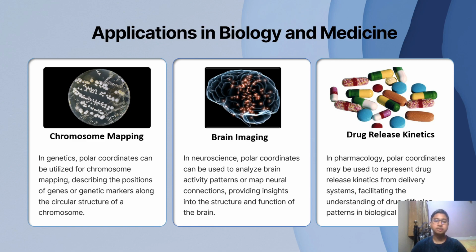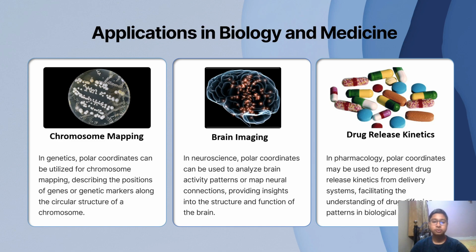In neuroimaging, such as functional magnetic resonance imaging or fMRI, polar coordinates may be used to represent and analyze brain activation patterns. This representation can help visualize and understand brain activity in relation to specific tasks or stimuli.